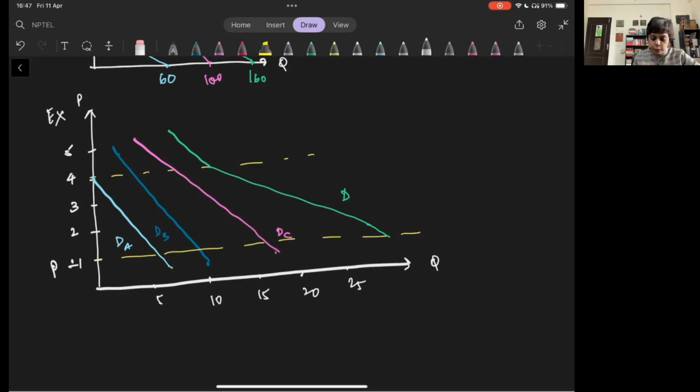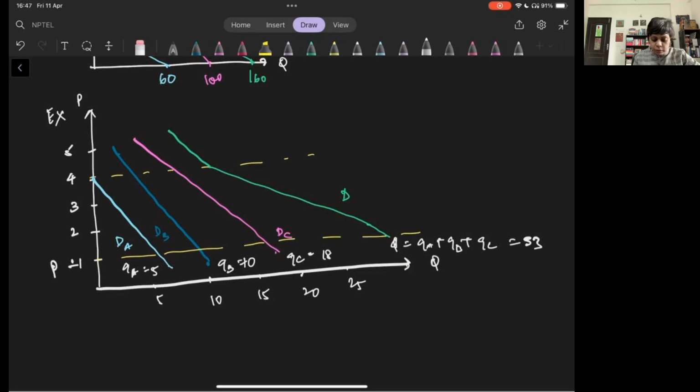Because say QA is equal to 5, QB is equal to 10, QC is equal to say 18, Q is equal to what? QA plus QB plus QC, right? It's going to be something like 15 plus 18, 33. So this is going to be much further out, right?